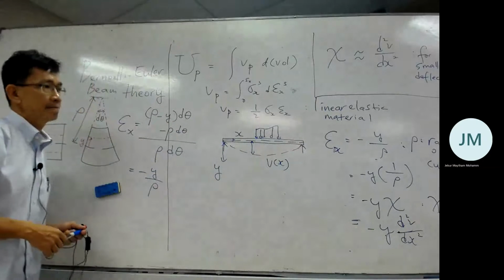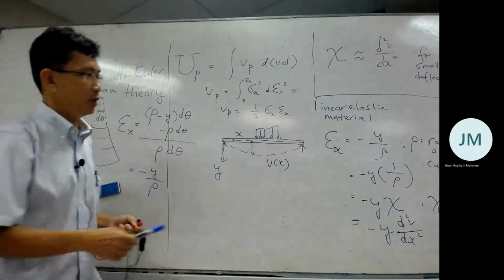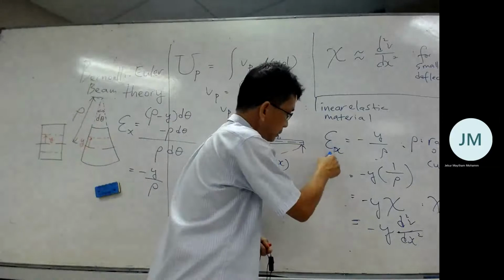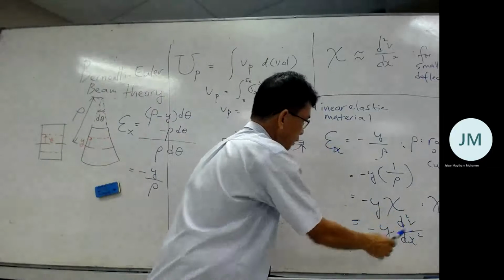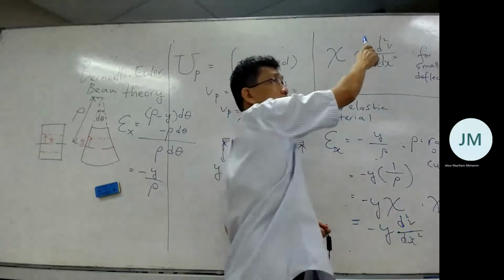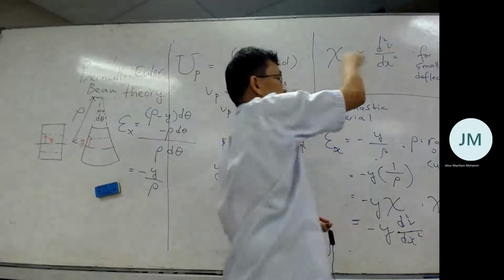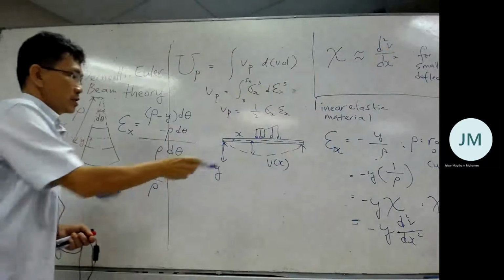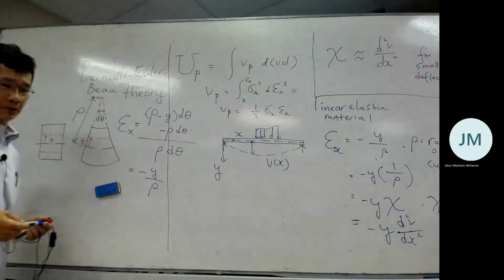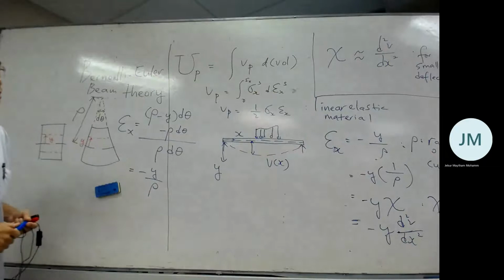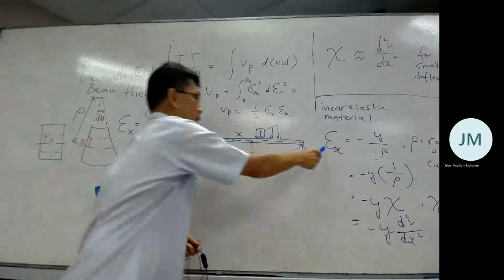So this is what we want: the strain, negative y d2v dx2. This d2v means you differentiate 2 times with respect to x. The function of this gives you an approximate representation for the curvature, and that is for the strain.